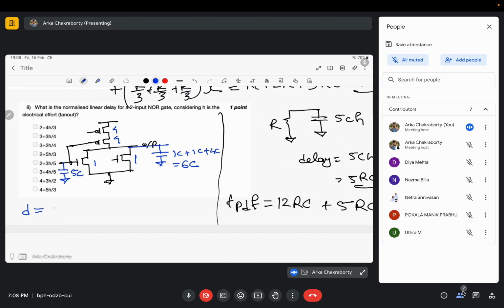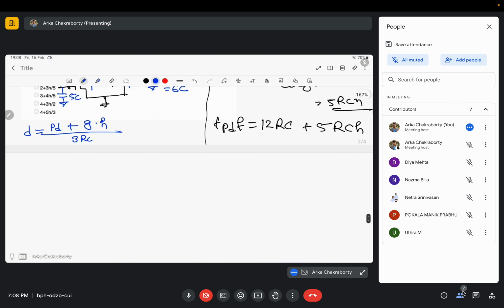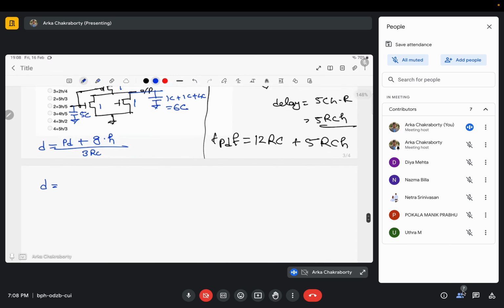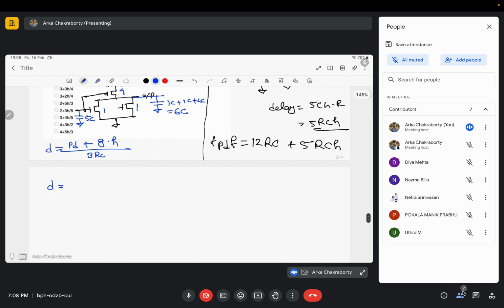It is propagation delay plus electrical effort plus logical effort into electrical effort divided by the delay of a unit inverter, which is 3RC, right? So D would be equal to propagation delay. First of all, what will be my propagation delay in this case?